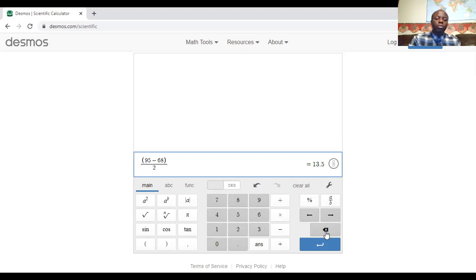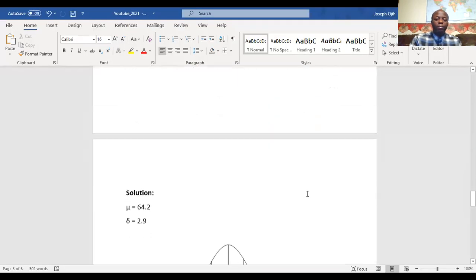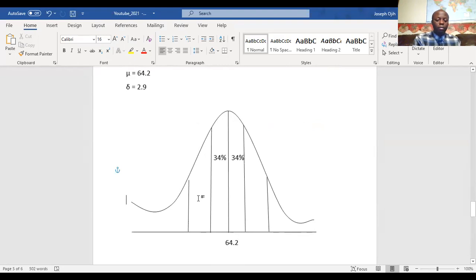So I'm gonna take you back to our work. Okay. And then we scroll down. 13.5%, I believe. So we have 13.5% here on the left side. And 13.5% on the right side.